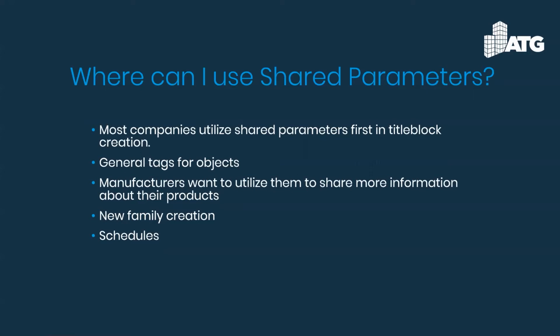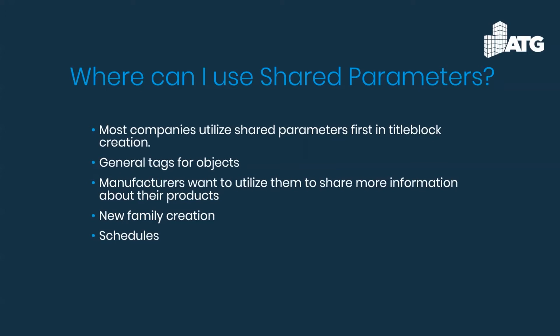Also, manufacturers. When you go to manufacturers' sites, you'll see a lot of Revit content being built. Some of those manufacturers are reaching out to resellers to develop their content. I've created a lot of content for manufacturers, and I utilize shared parameters for those because I want intelligent data being added into the families.